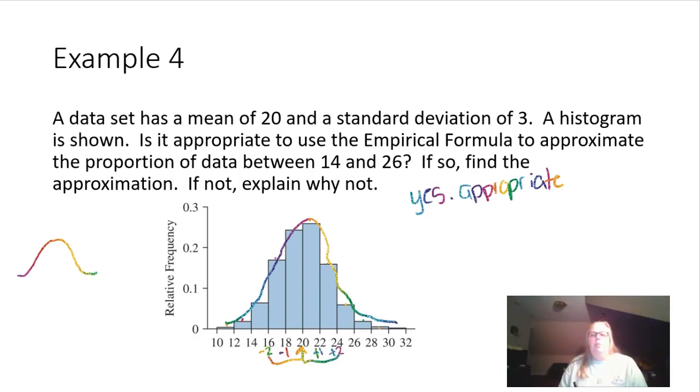So the percent or proportion of data that is 2 standard deviations away from the mean is about 95%, or if you want to do the decimal portion, 0.95.